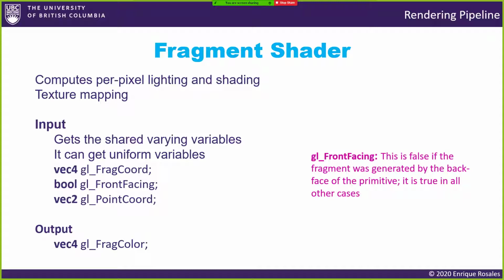So it is optional if we want to use it to discard geometry, but we also can use it to recover the information that a triangle, for example, is facing away from the camera, because maybe I want to change the color. This is actually very common to use in computer graphics research, for example.